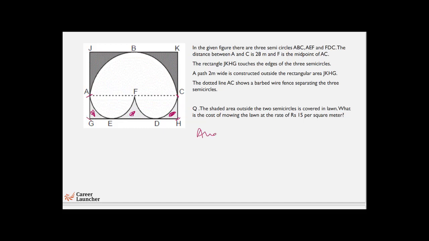So area of rectangle ACHG is, this is a rectangle of the dimension 28 into 7, and this comes out to be 196 meters square.